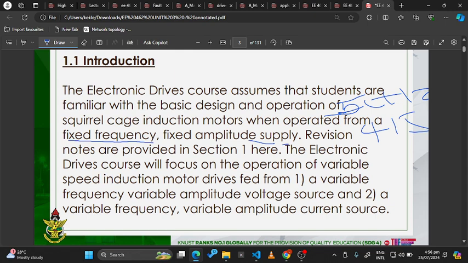Okay, so now let's go on. So that's mentioned. Electronic drives courses focus on the operation of variable speed motor drives that are fed from a variable frequency and variable amplitude supply. The power that comes into your house or your industry has a constant frequency, that's 50 hertz plus or minus a small tolerance.